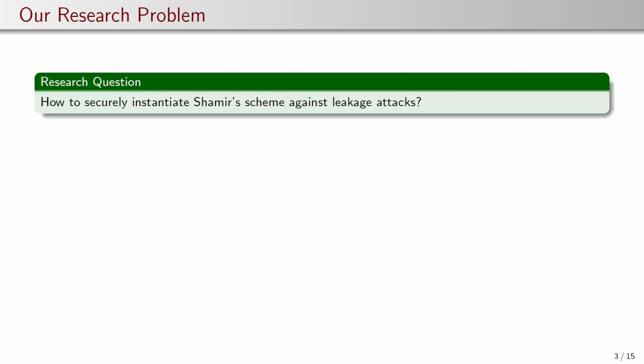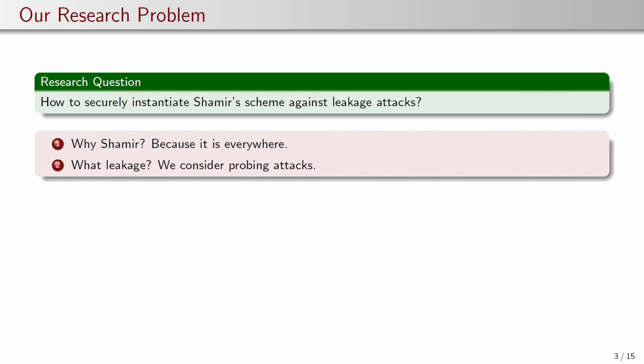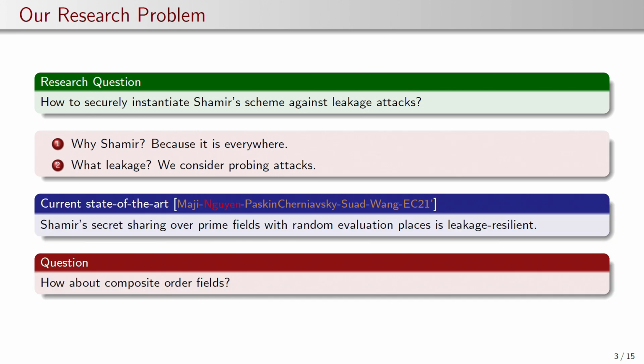Okay. So given that in mind, it is natural to ask how to securely instantiate the Shamir scheme against leakage attacks. You can ask, why Shamir? Because it's everywhere. And what leakage are we considering? In this work, we consider probing attacks. And here is the current state of the art.